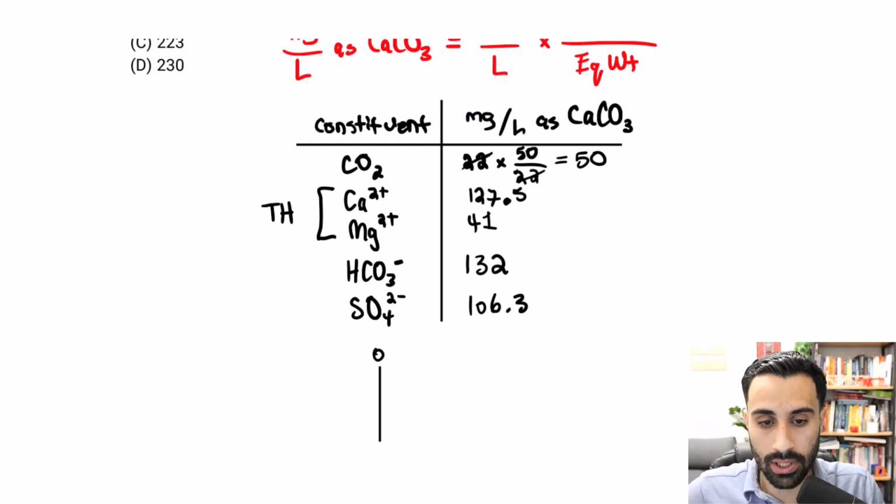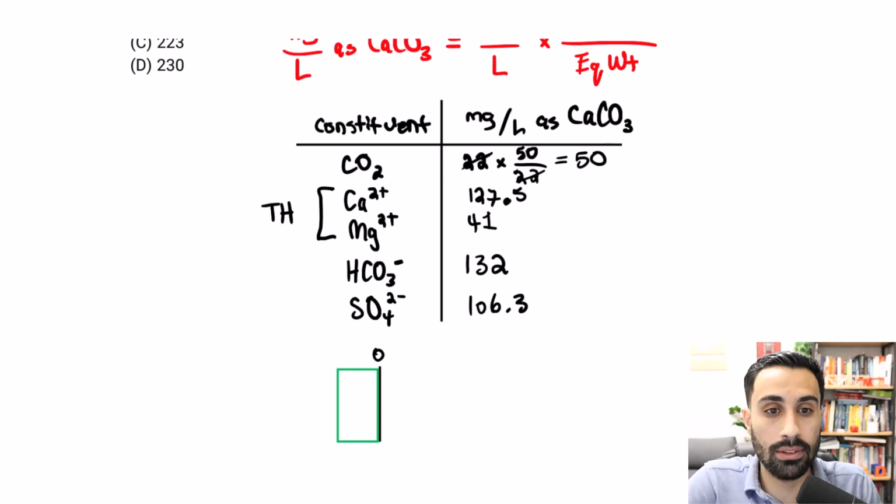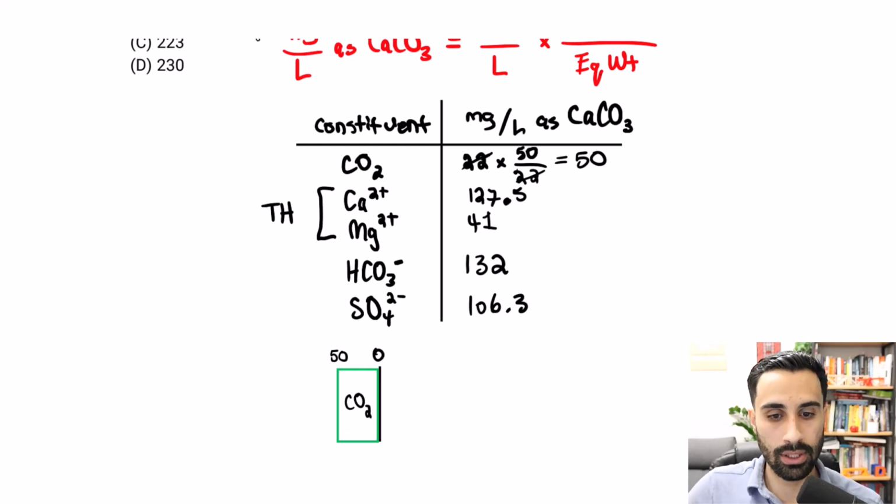And to the left, it's always going to be the carbon dioxide. So how I'll do that is just put it like this. And that will be an amount in milligram per liter as calcium carbonate of 50. So this will be the carbon dioxide. And the amount to the left is 50. Don't put negative 50. That's always by itself to the left.